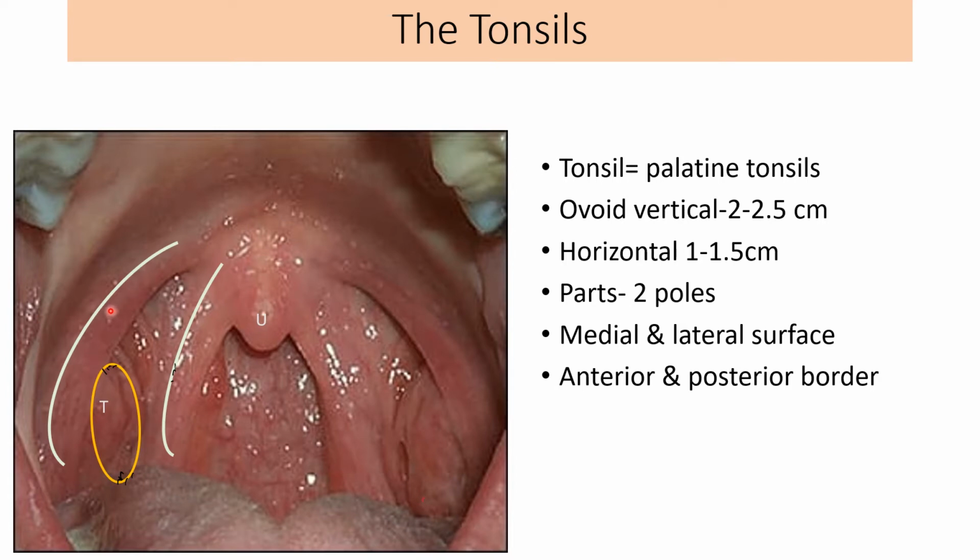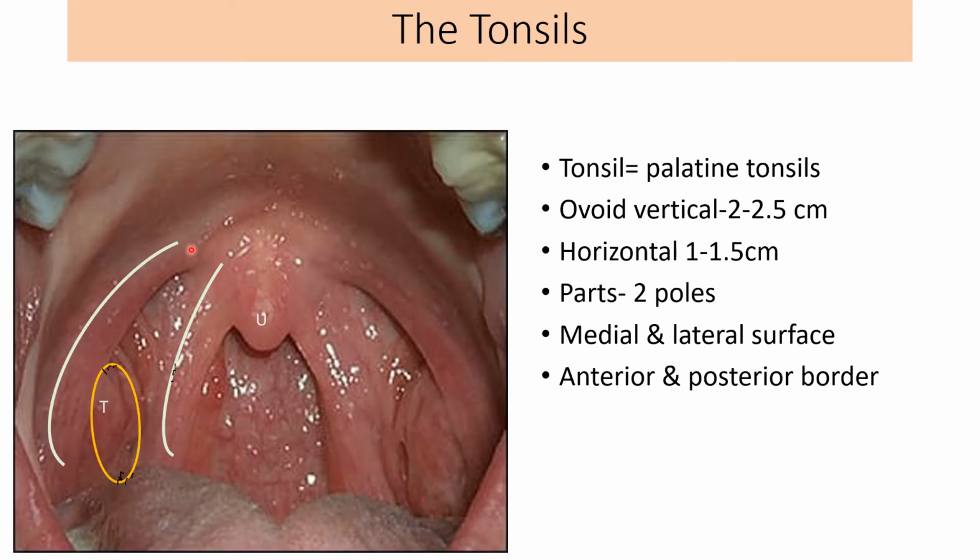Here we can appreciate there are two mucosal foldings placed vertically. Underlying these mucosal foldings there are muscles. They are called the anterior and posterior pillars of the tonsillar fossa. The tonsillar fossa is bounded anteriorly by the palatoglossal arch.